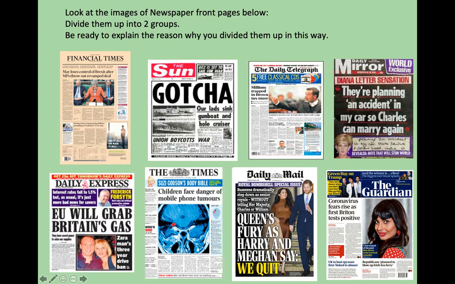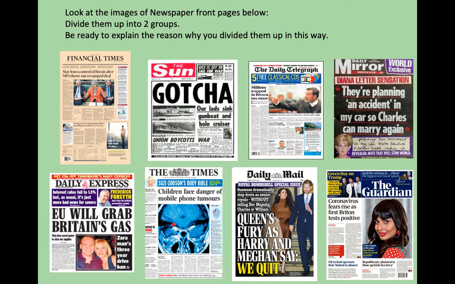I want you to have a look at these carefully, and put these 8 newspapers into 2 groups, and tell me why. Now, there is a definite answer here. Obviously, you might interpret the question in any way you wish, but there is a definite difference.